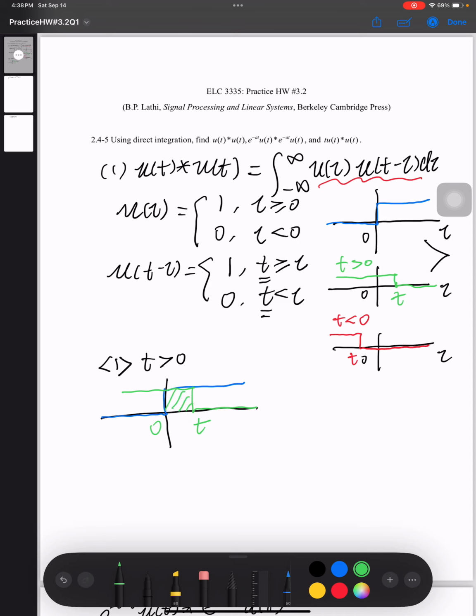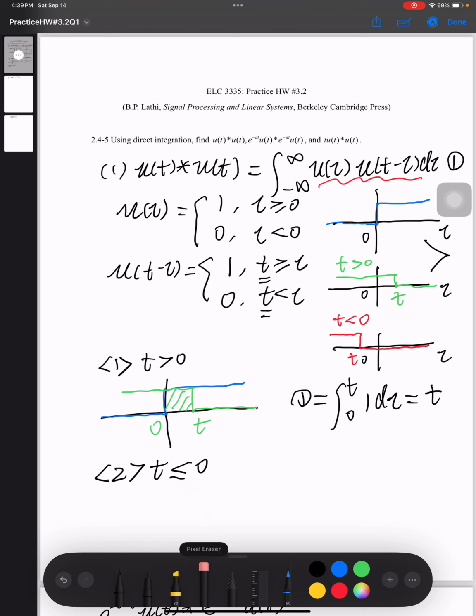So if we name the original equation 1, then 1 equals the integral from 0 to t of 1 d tau, which equals t. And similarly we can consider t smaller than 0, or even just equal to 0. There's no difference at the connection point.